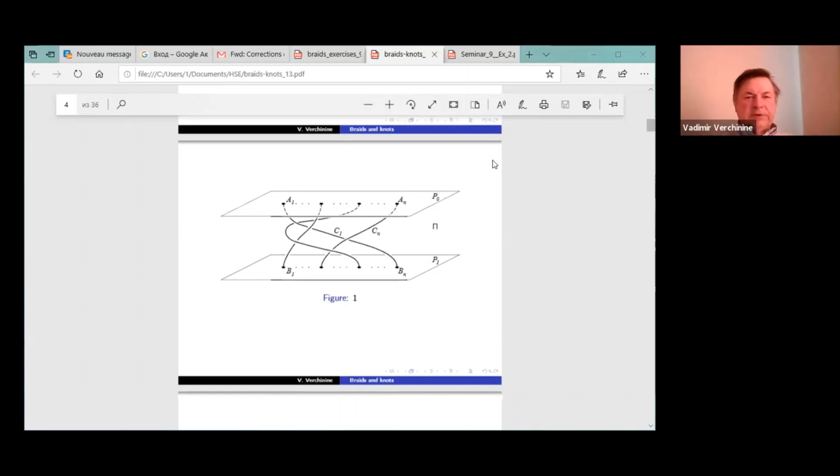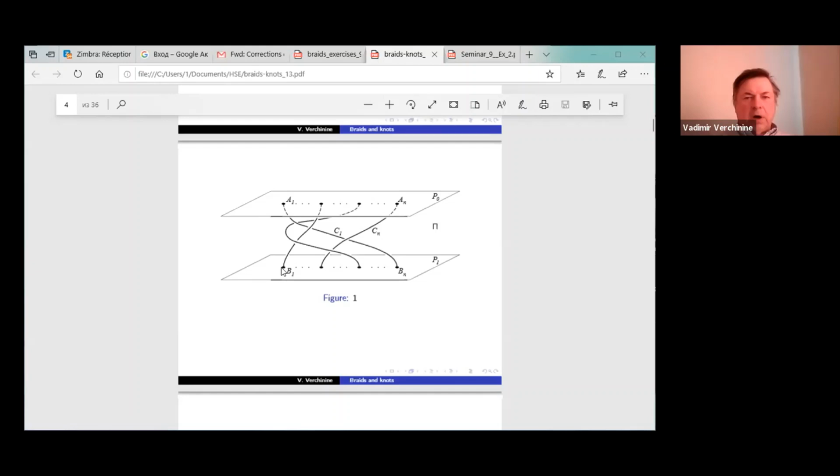Let us consider our points, a finite number.